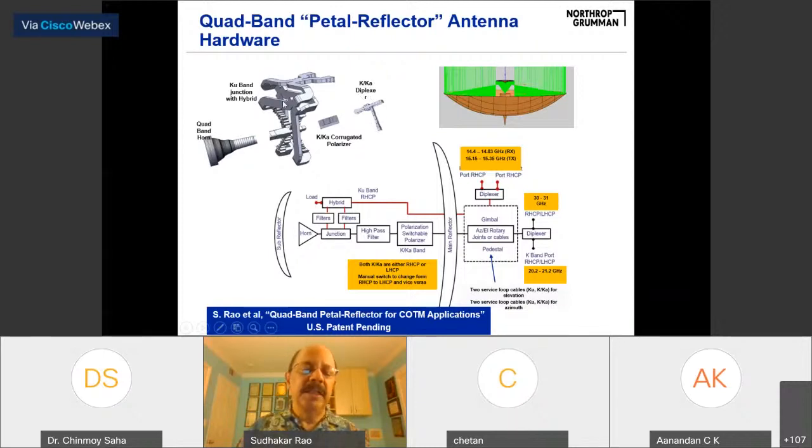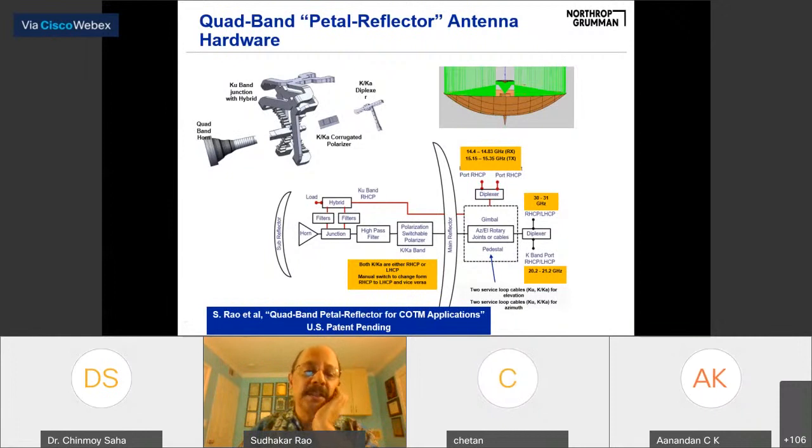And then at the Ku band, you combine all the 4 through H-plane Ts, and then finally with a hybrid coupler to generate RHCP and LHCP signals. Another thing here is they want to change the polarization, either left hand or right hand.